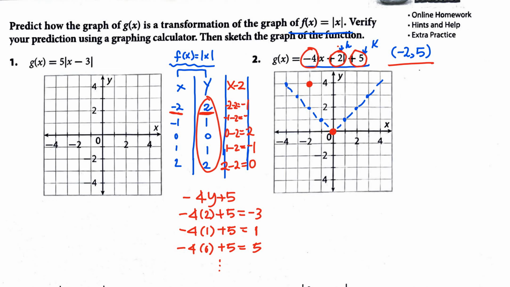And next, when x is -3, we have 1. You don't have to plot the entire thing, just several points. Since this is negative, it will be upside down, downward. So that will be the graph.